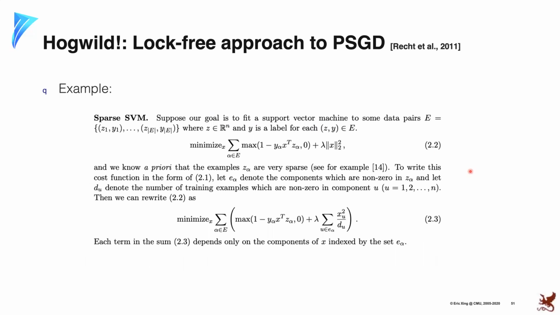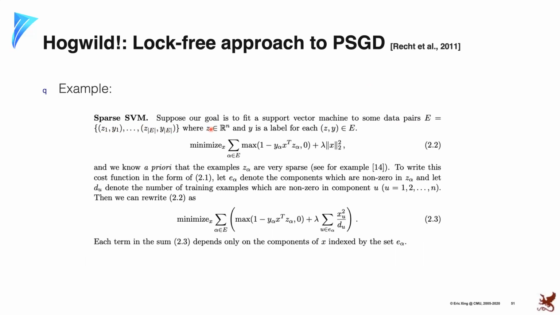So that's basically the intuition for us to design such a parallel strategy. Here's a concrete example with a sparse SVM, so we have a concrete concept of what we refer to as sparse. Suppose our goal is to fit a support vector machine to some data pairs, z1, y1 until zE, yE.